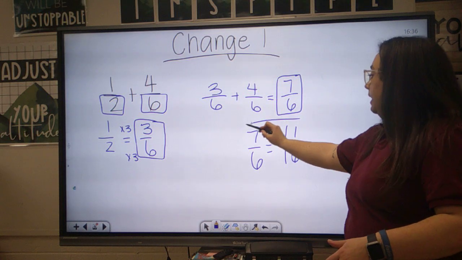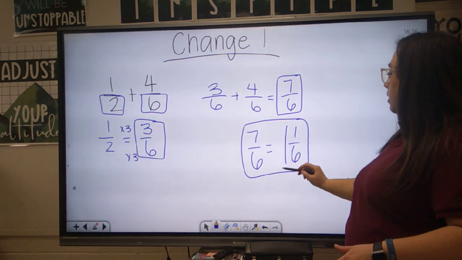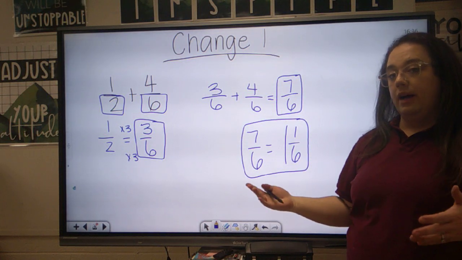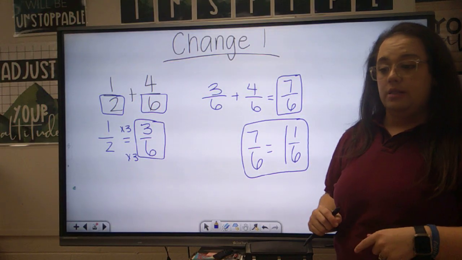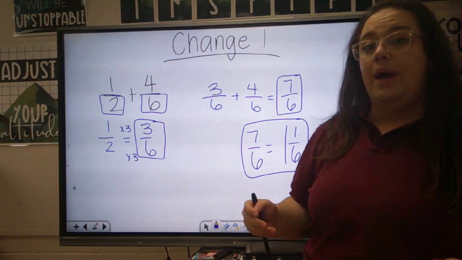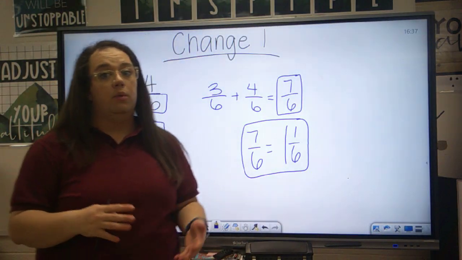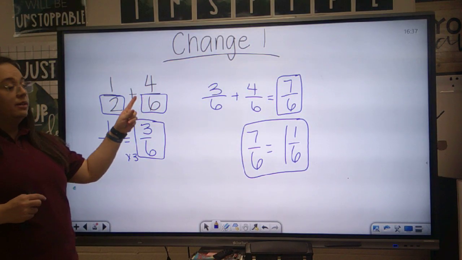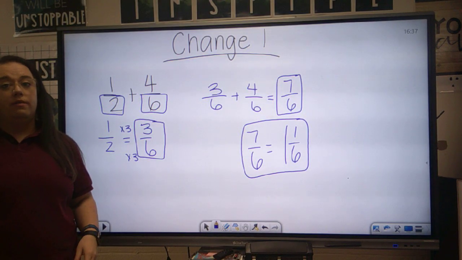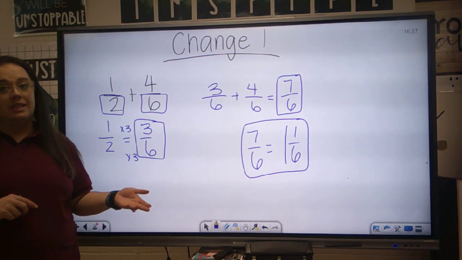So we turned it into a mixed number where we have a whole number and a fraction. So this is one strategy where you can change only one of the fractions. For this to work, you have to have denominators that are multiples of each other or factors of each other. So because 2 is a factor of 6, I could make an equivalent fraction that would equal 6.